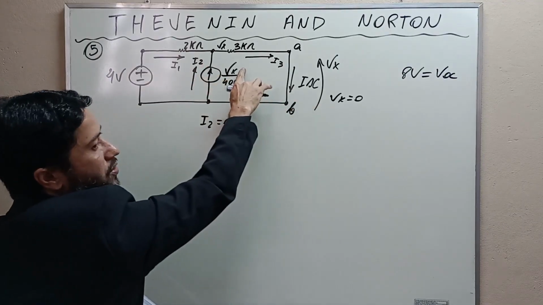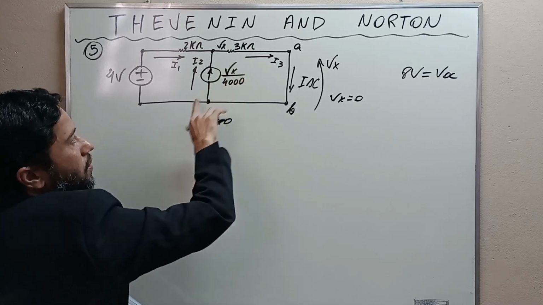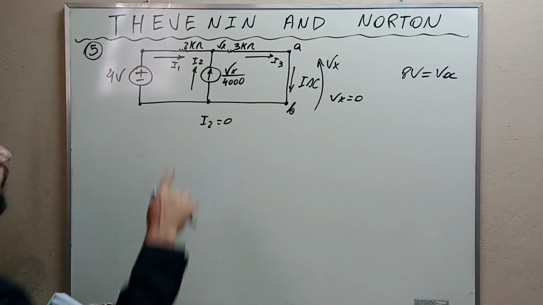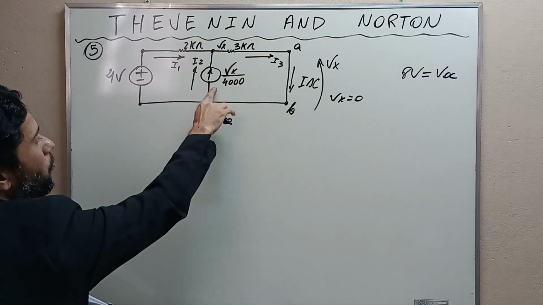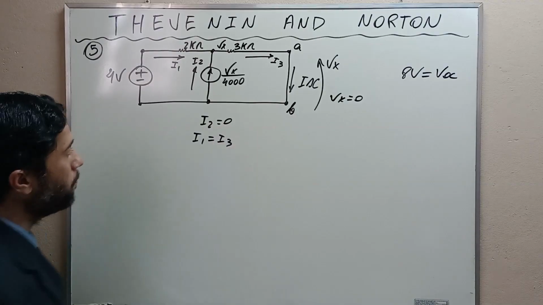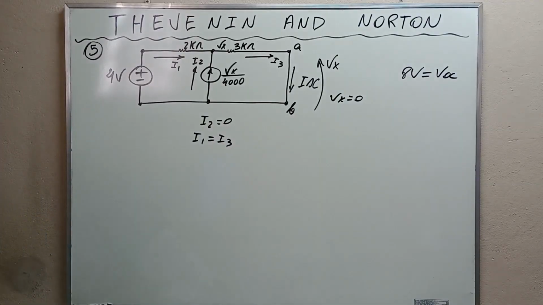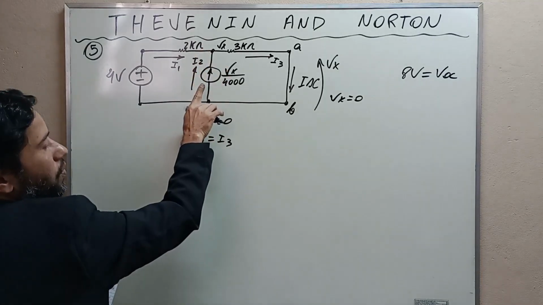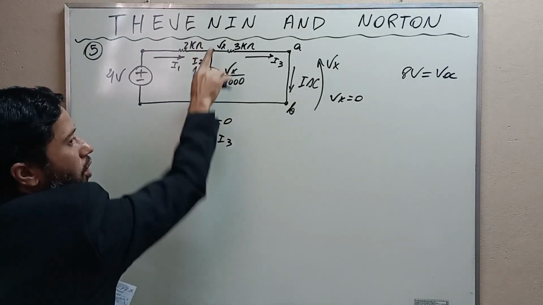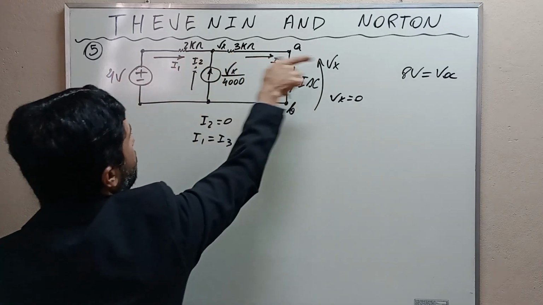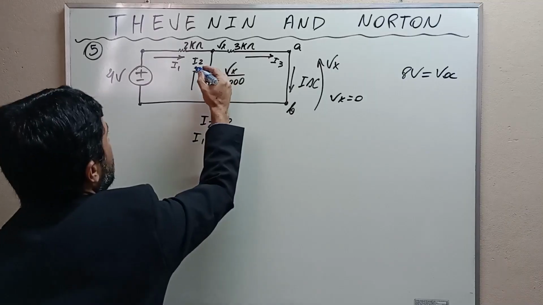If this current is 0, we know now that I1 is equal to I3, because this current source is not contributing with current, then this current here passes there, alright?